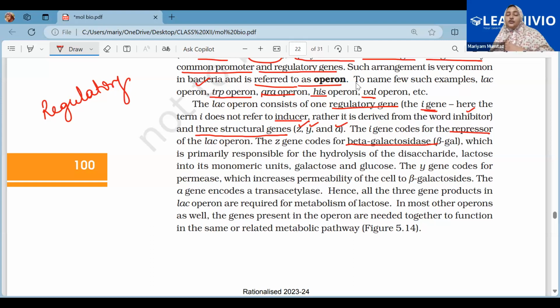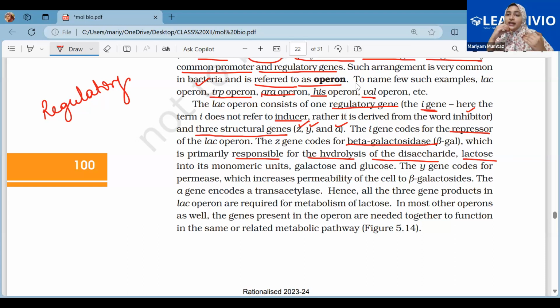Each of these genes has its own function to perform. The I gene is responsible for coding the repressor. The Z gene codes for beta galactosidase, which is primarily responsible for hydrolysis of the disaccharide lactose into its monomeric units.